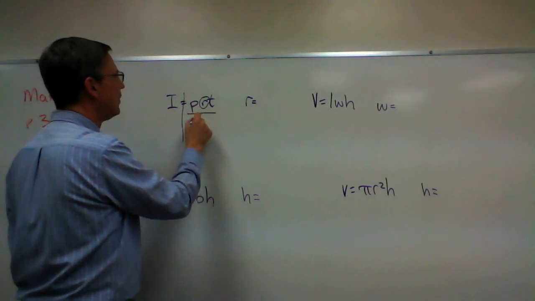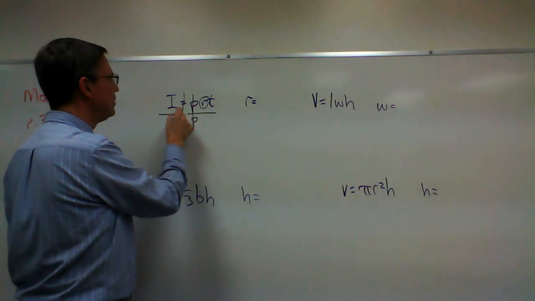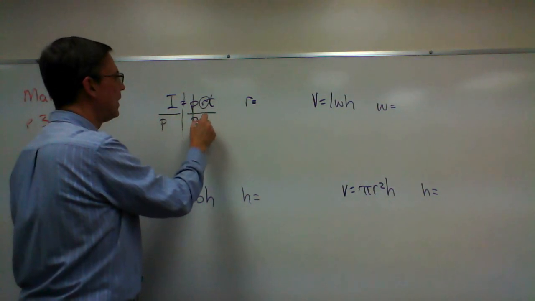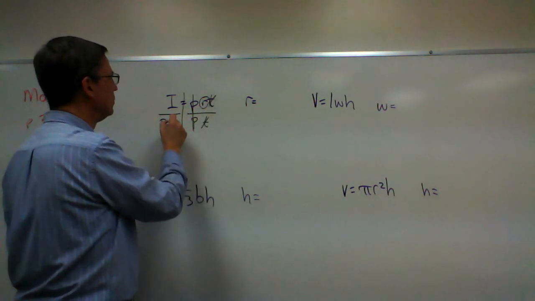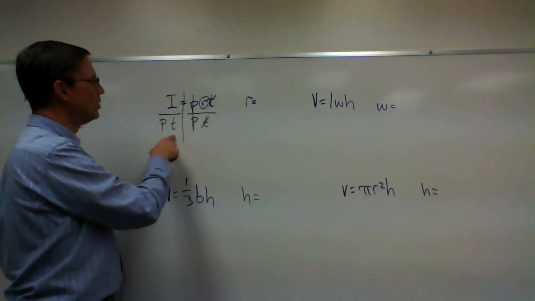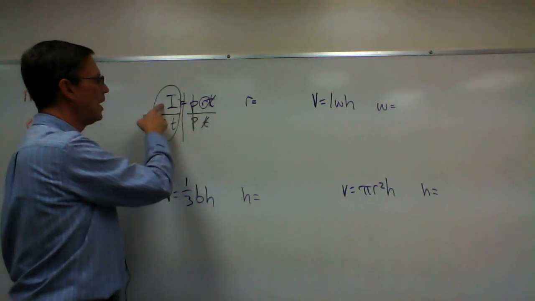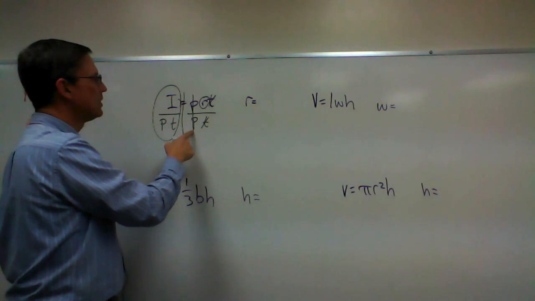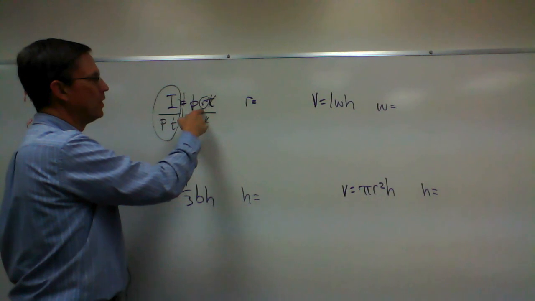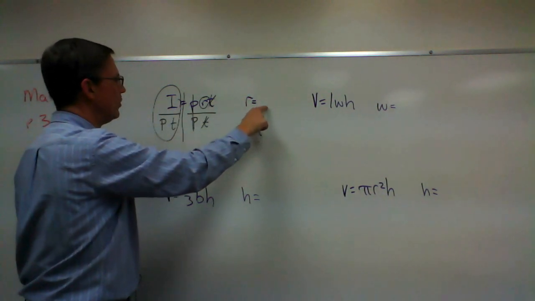I need to divide by p to get that to cancel, so I divide this side by p, okay? Then I need to divide by t to get t to cancel, and so I divide that side by t. So the answer is basically this right here. We started with I. We had to divide both sides of the equation by p and t, and that left r over here by itself. And so the answer would be I over pt, okay?